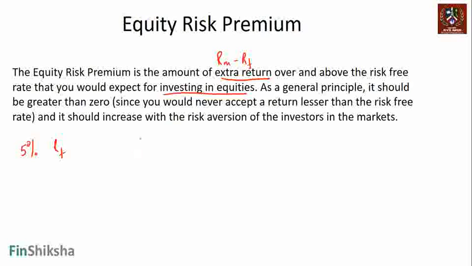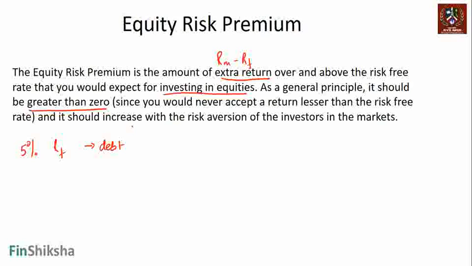Remember, equities are riskier, and it's a non-zero amount of risk that you will take while investing in equities. Risk-free rate is essentially the debt rate, and given that equity is riskier as compared to debt, you would want the premium to be greater than zero.